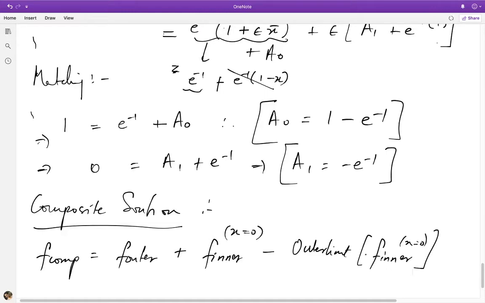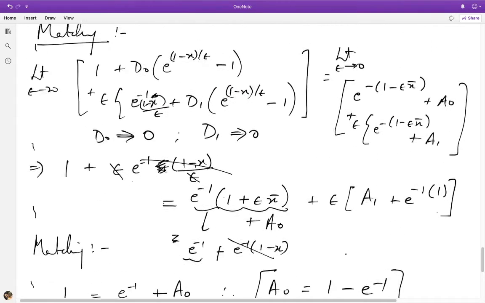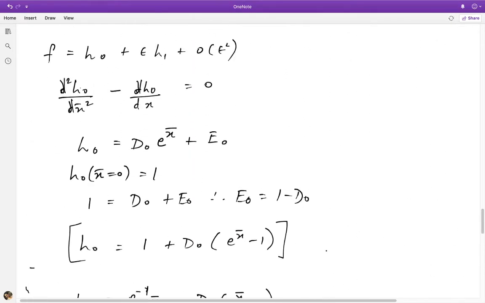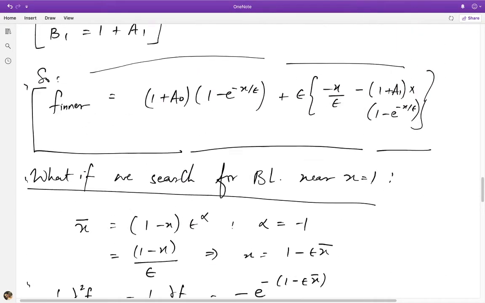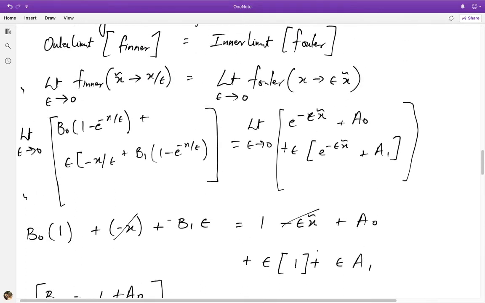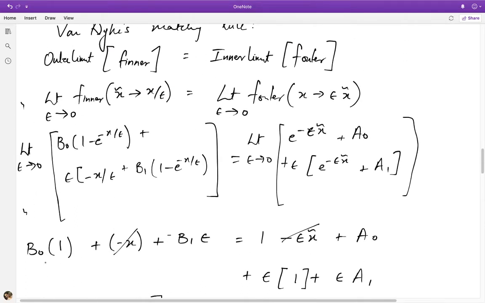And what is this? This is the part of the inner solution that survived when we took its outer limit. Going back here, it's basically this stuff: b0 minus x plus epsilon b1. This is the part of the inner solution that exists when we take the limit of x tilde going to infinity.